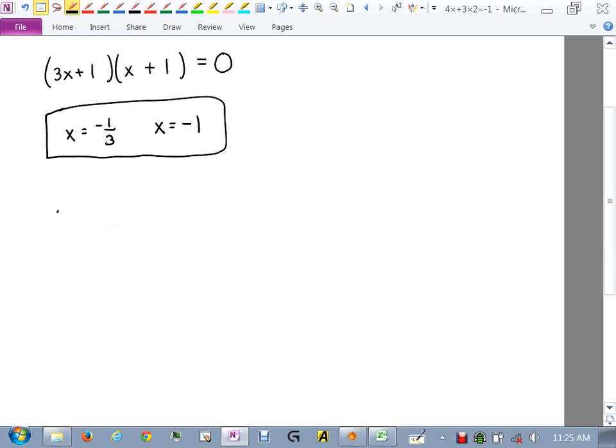What I'd like for you to do is page 434, 61 through 79 odds. Every single problem out of that set is solving an equation where you have to get your bases to look the same. And you've got to move things around and manipulate.